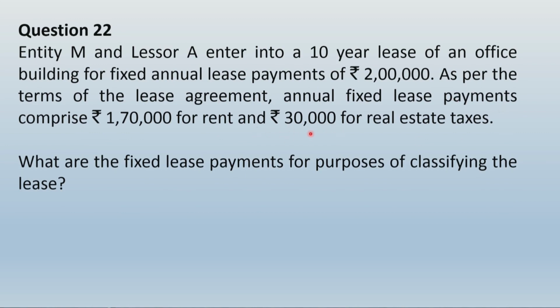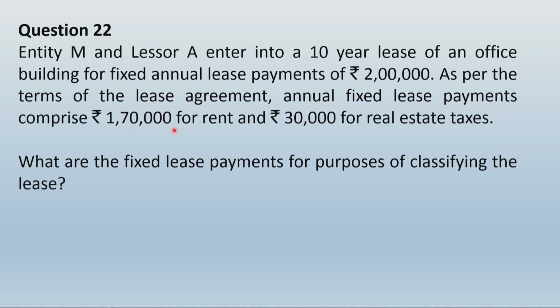We have learned one thing in the earlier classes, that property taxes or generally taxes on assets and the insurance component, which are fixed by nature, are themselves allocated over lease and non-lease components. So this 30,000 of real estate tax could have been ideally allocated over lease and non-lease components. However, we do not find any non-lease component over here.